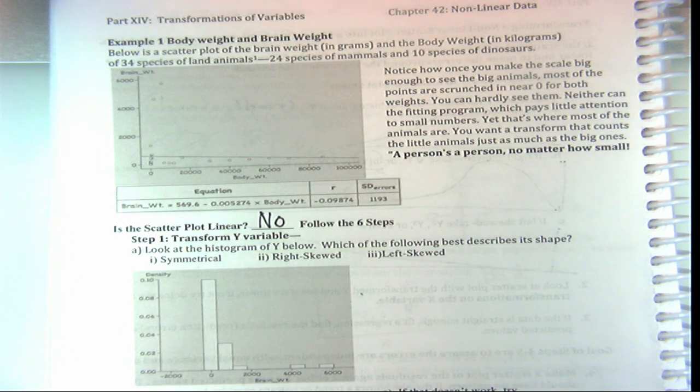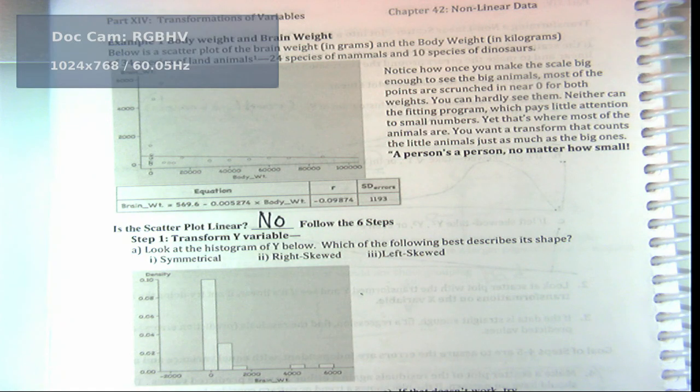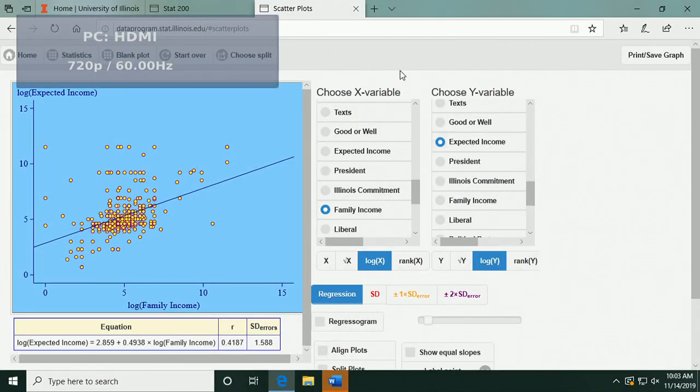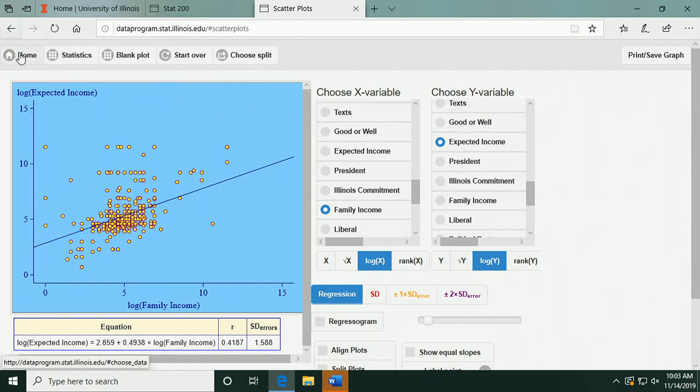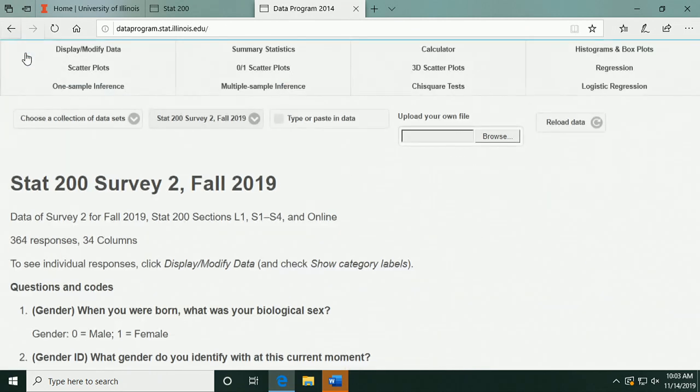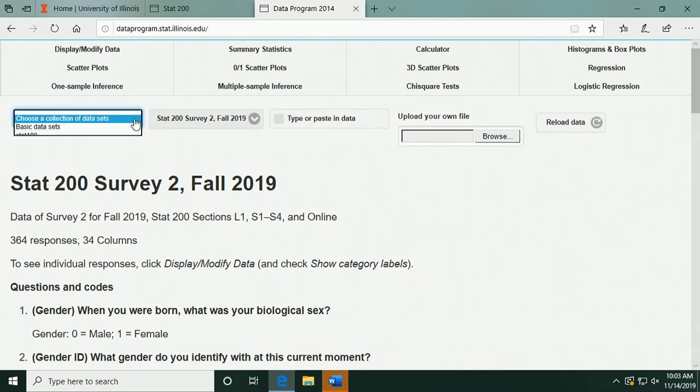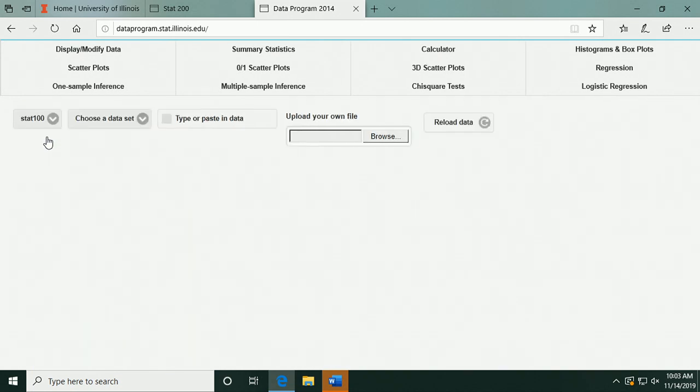So let's do it. We'll go back to the document, back to the PC, and we have to find that real data set. You can do this on your own. I just want to show you where this one is. So you'd have to go to Stat 100 here, I think.